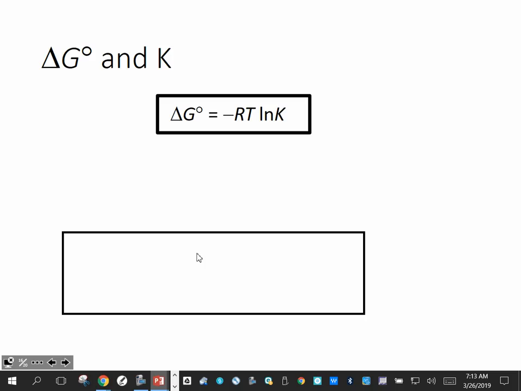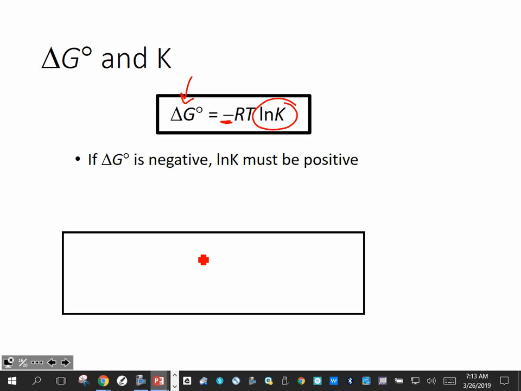Now, this equation shows mathematically what I was talking about with the sign of delta G being linked to the magnitude of K. If delta G naught is negative, then the natural log of K must be positive, because notice that we have a negative value in here. So if this thing right here is negative, then this bit has to be positive because we have this additional minus sign in there.